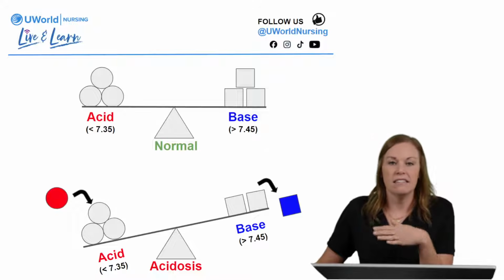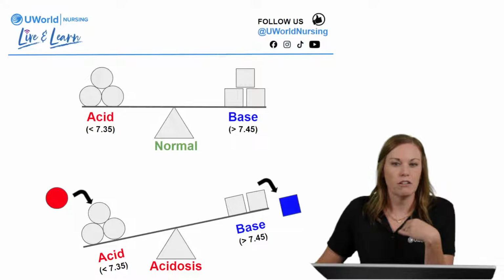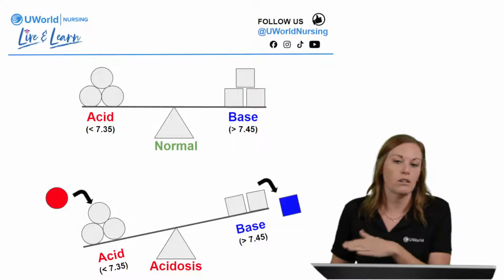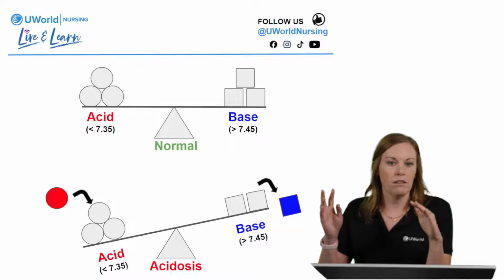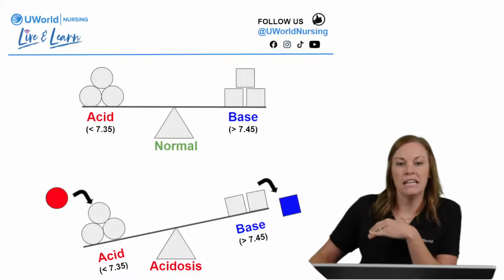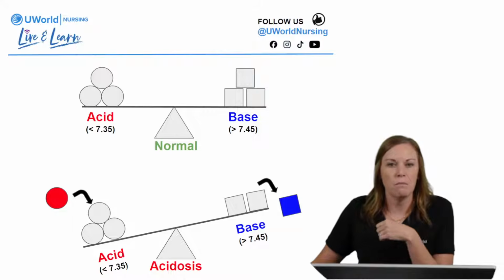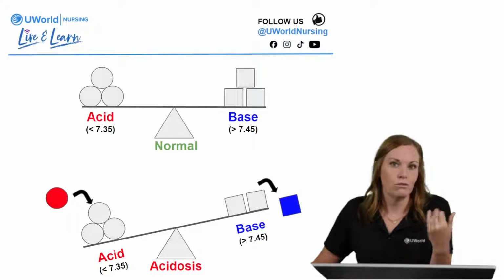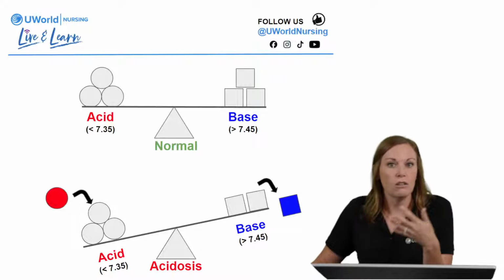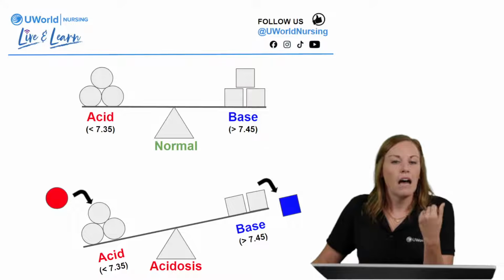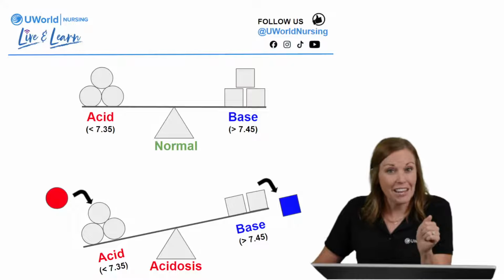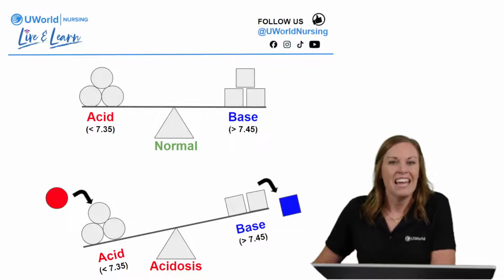This is going to happen with kidney disease. Remember, our kidneys decide what goes out through the urine and what gets sent back into the blood. If they're not working or they get backed up, we're going to have a buildup of waste and electrolytes in our blood, including those acidic elements. Lastly, diarrhea.